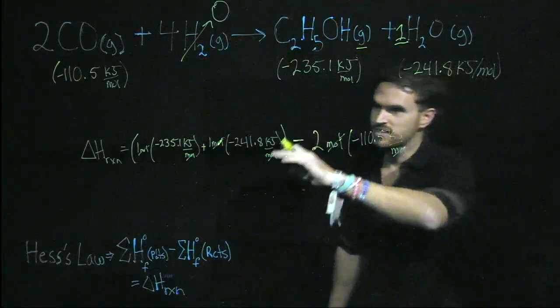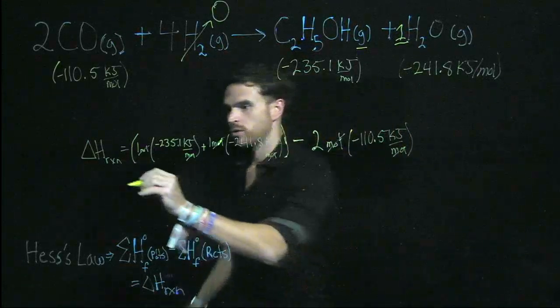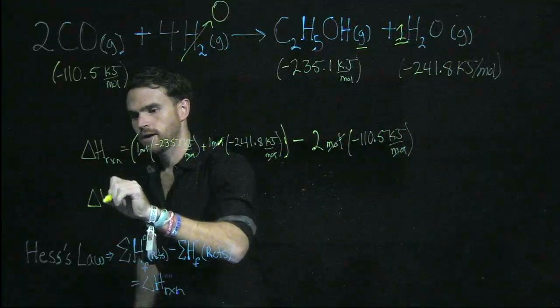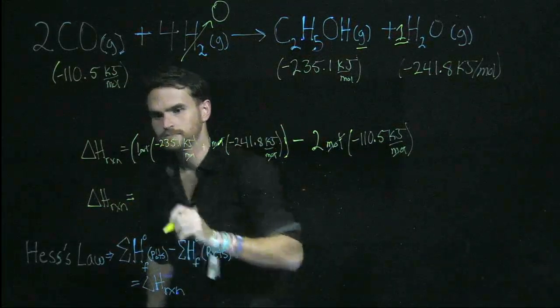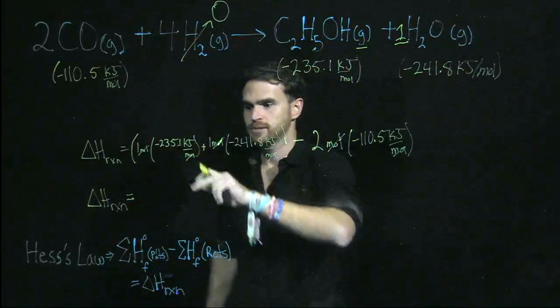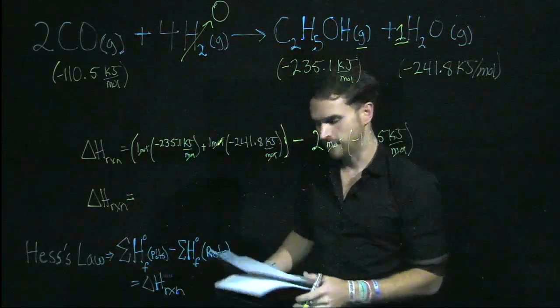Now let's simplify this and break it down into its component parts. We're still calculating the change in the enthalpy of the reaction. 1 times this value is just that value, and 1 times this value is just that value.